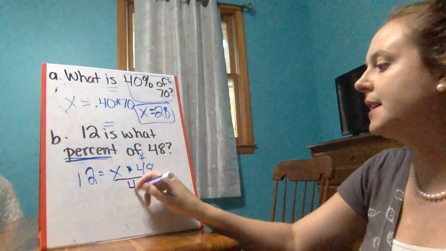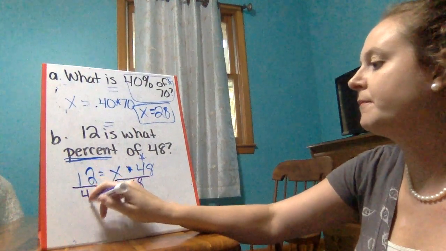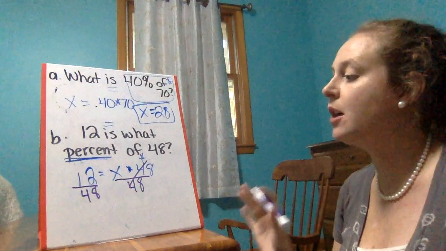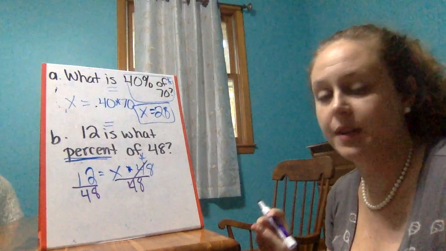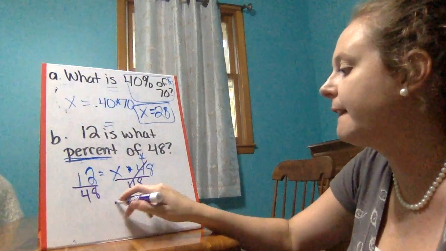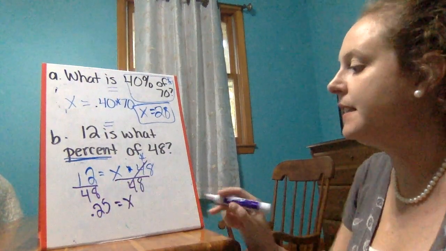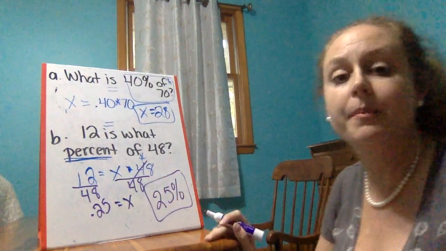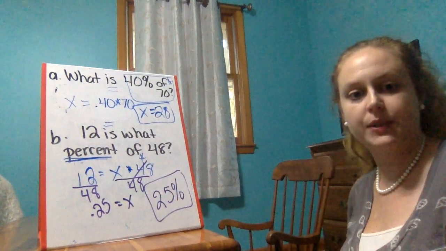So I'm going to divide both sides by 48. When you do the number sentence, it's always set up to give you the decimal of the percent. So I'm going to type that in my calculator, and I get 0.25. And then I'm going to write that as 25% because I want to know what percent. So I'm going to write it as its percent.